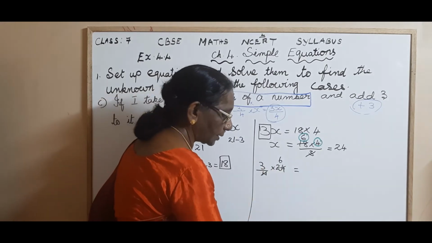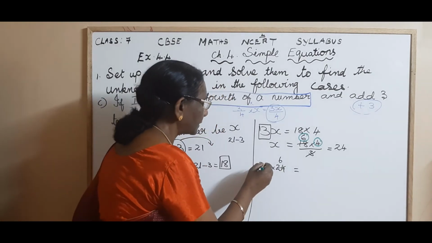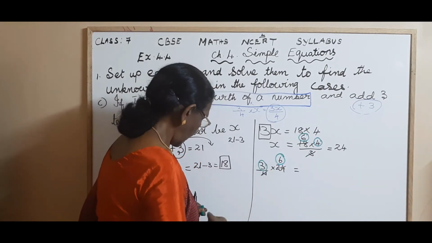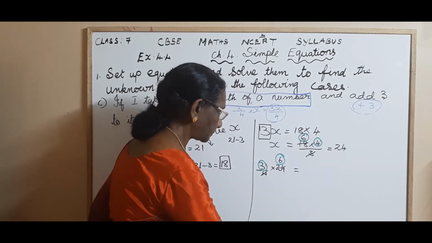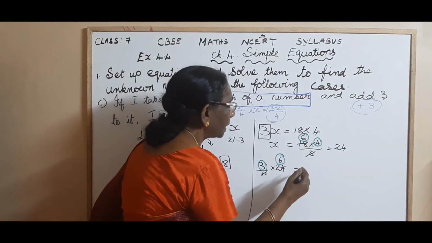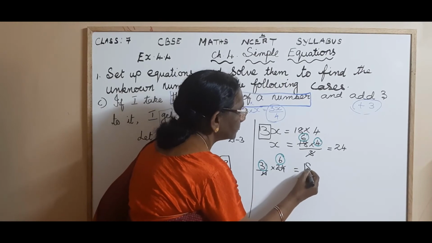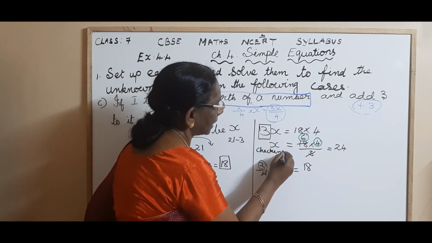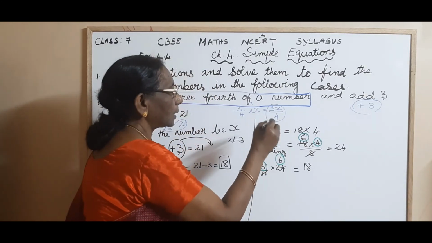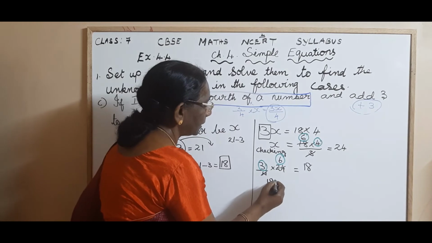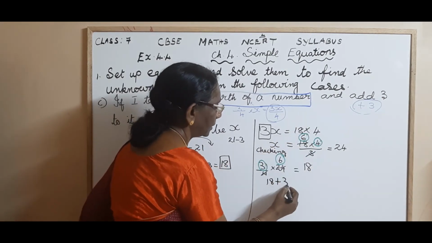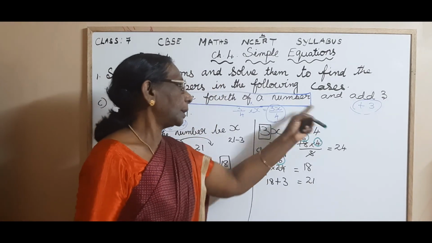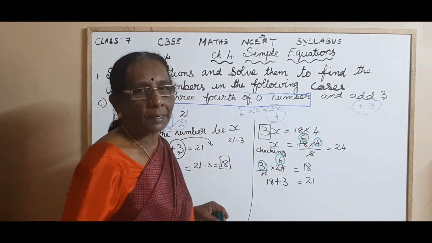So again you have to multiply 3 and 6. 3 sixes are 18. So this is checking. You are checking whether our answer is correct or not. Then you have to add 18 plus 3 is equal to 21. So are you getting 21? I get 21. So our answer is correct.